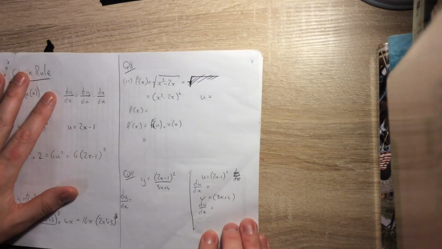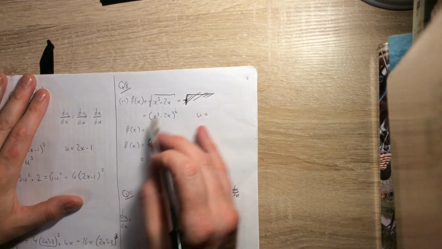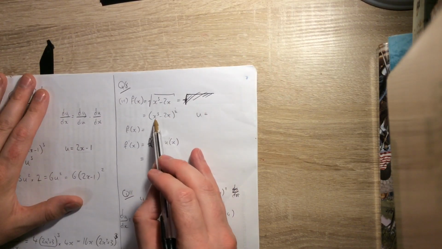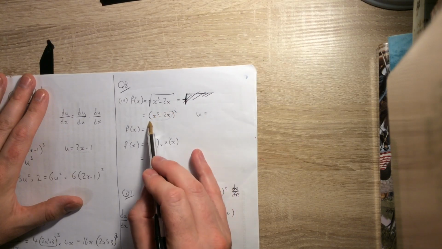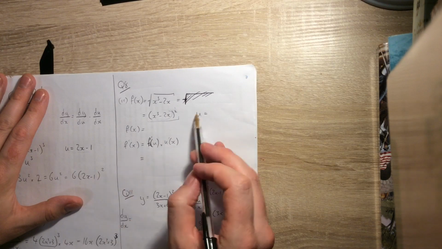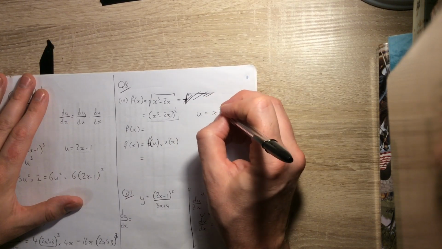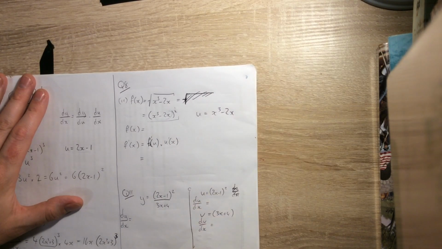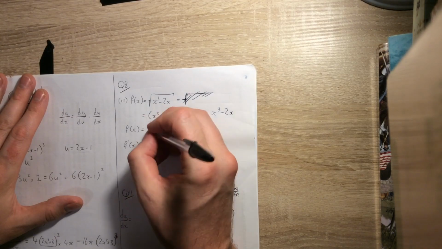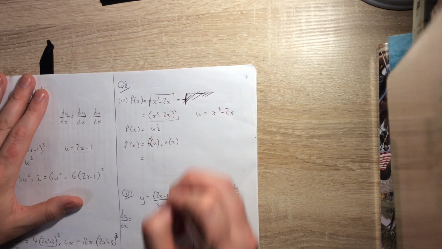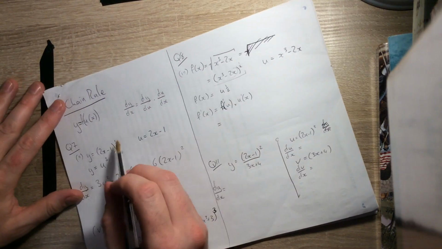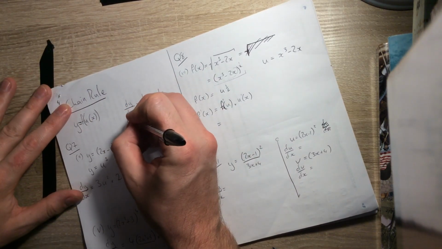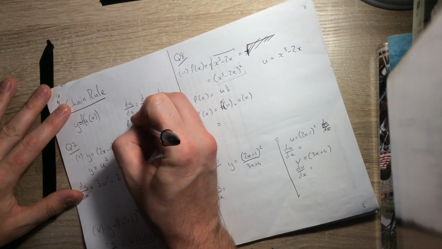Question 8 is a little bit tricky. There's a little bit more going on. You've got a square root this time, but remember, a square root can be written as a power of a half. So again, you have a function within a bigger function. So u in this case is x cubed minus 2x. F of x can be written as u to the power of a half. So this rule here, dy dx, can also be written as f prime of x.